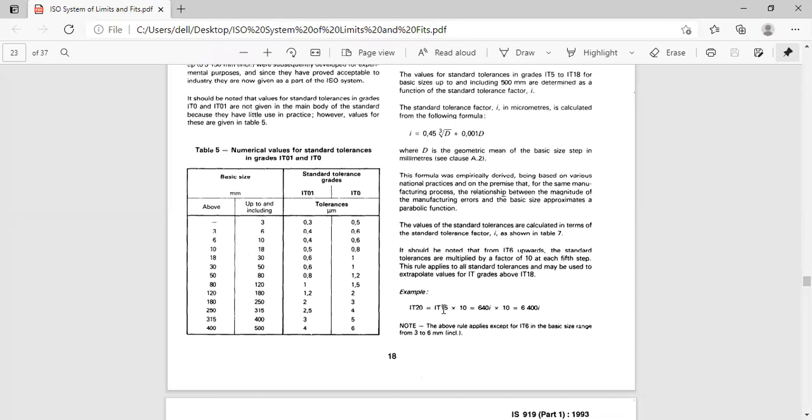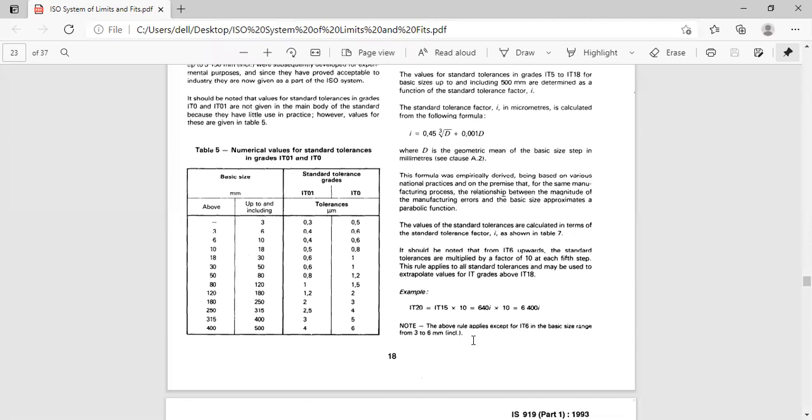Suppose IT20, IT15, this is the fifth step: 5, 10, 15. So IT15 into 10. But what is the value of IT15 from the table? It is 640i. I will show you the table below if it is given, or see in the textbook, 640i. So 640i into 10. So my value of IT20 will be equal to 6400i. That's how.